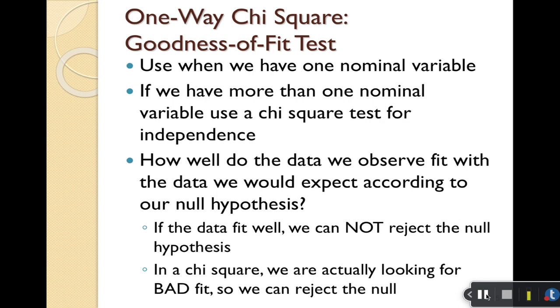So in this case, if the data fit well what we would expect according to the null hypothesis, if there's no difference, then we would fail to reject the null hypothesis. So in a chi-square test, what we're actually looking for is a bad fit or a discrepancy from what we would expect, and that allows us to reject the null hypothesis.